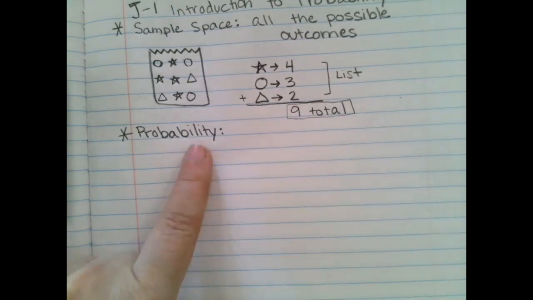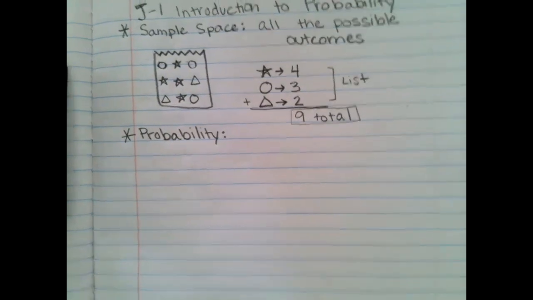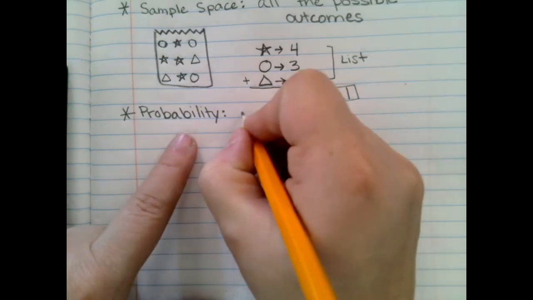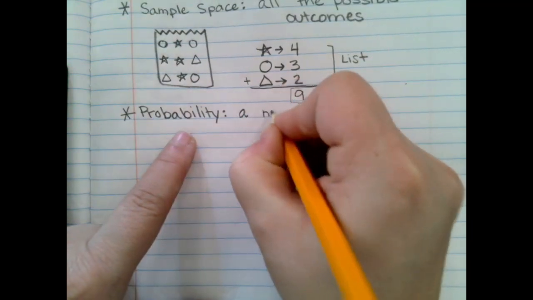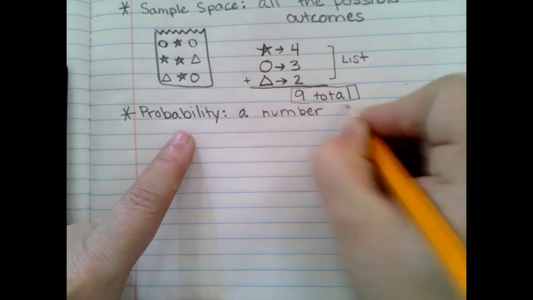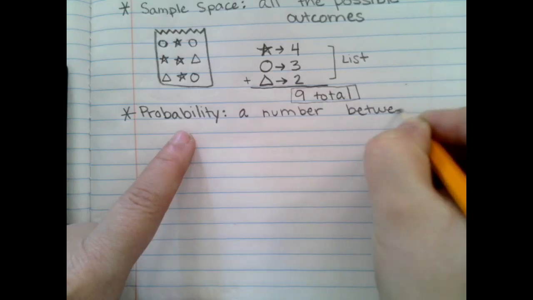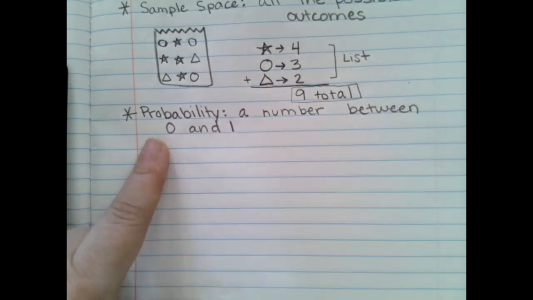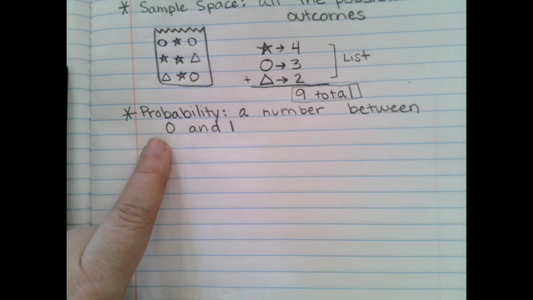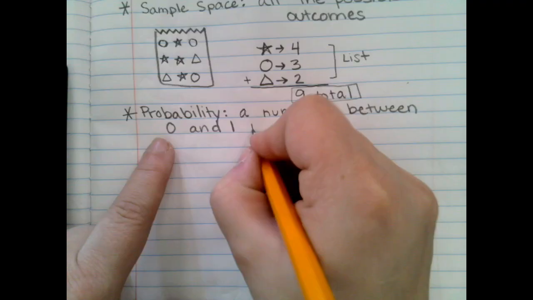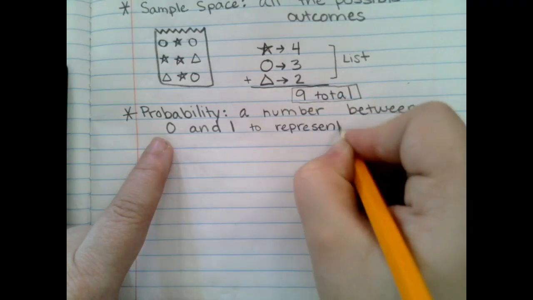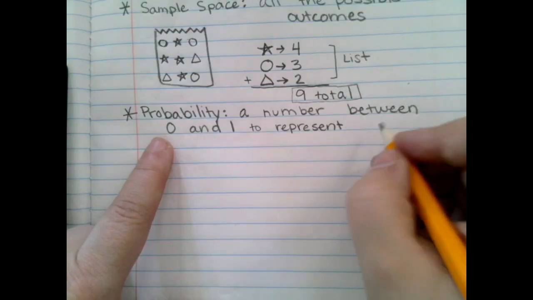All right, probability. That's that word that kind of sounds like probably. It's how often something happens. If it's going to happen, if it's not going to happen. And our number is always between 0 and 1. So a number between 0 and 1 to represent how likely an event will happen.